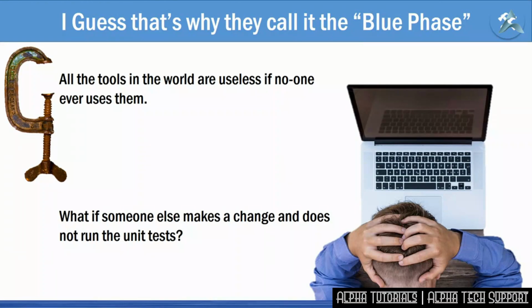The way to prevent this situation is to set up an automated batch job where you nominate a set of Z objects. Z objects that you know have unit tests. And every night, let's just say 2 a.m., something like that, the batch job runs and sends the result to someone who cares. Sending it to someone who doesn't care is a bit counterproductive.